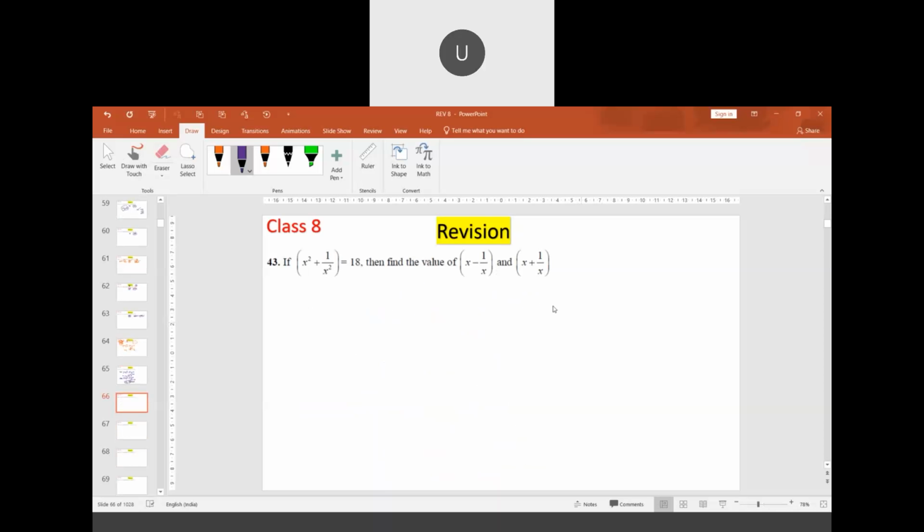Next question is similar. We are squaring these two terms. Direct answer we can say for this one, as we know how to do it. 398 is the answer for this. For this, we have to do 398 square, then subtract 2.